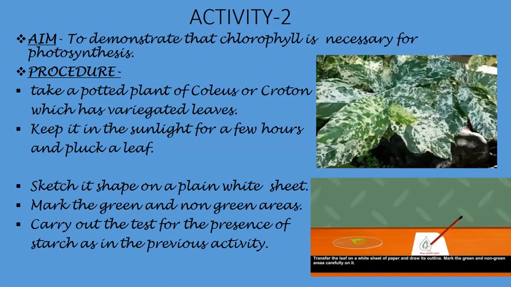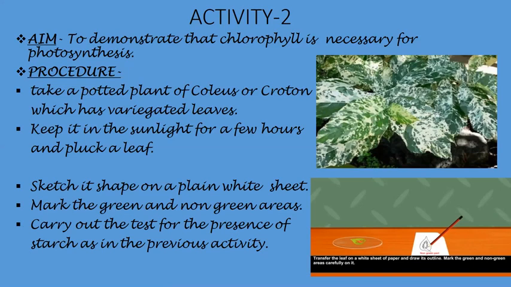Here we will study and demonstrate that chlorophyll is necessary for photosynthesis. The materials required for this activity are Coleus plant or Croton, alcohol, test tube, beaker, iodine solution, white paper, burner, tripod stand with wire gauze, funnel and dropper.